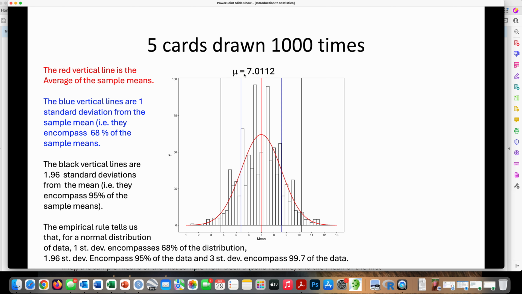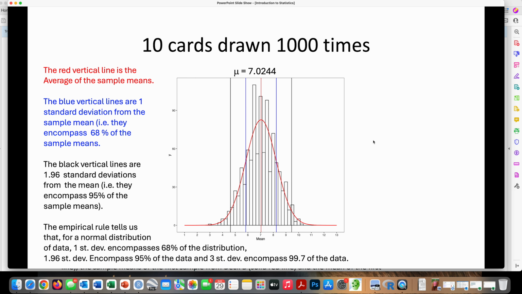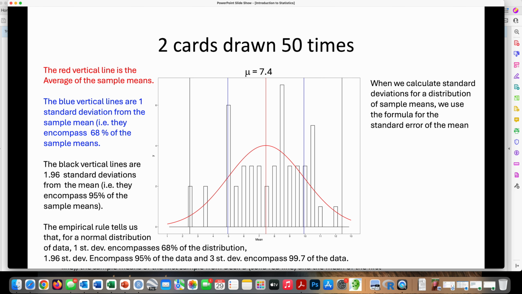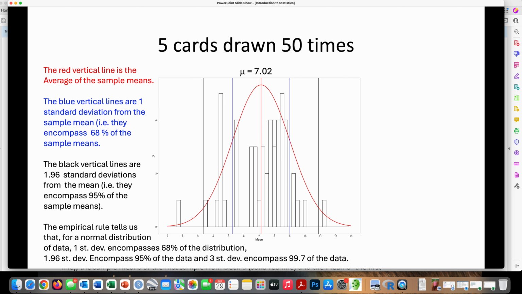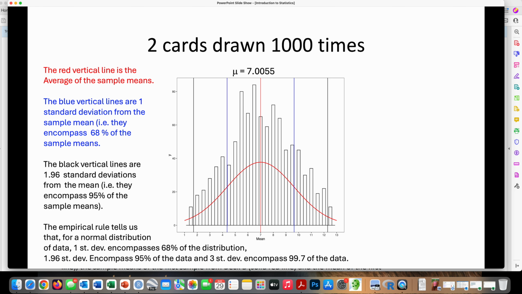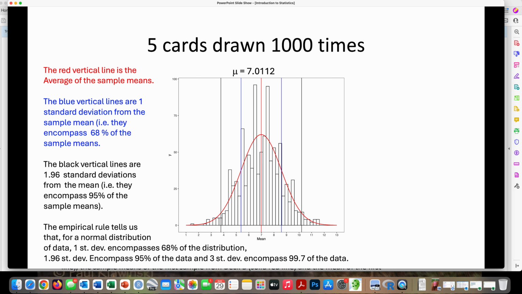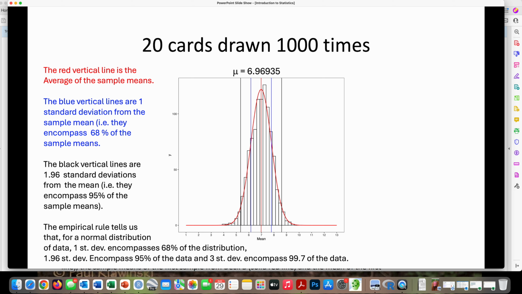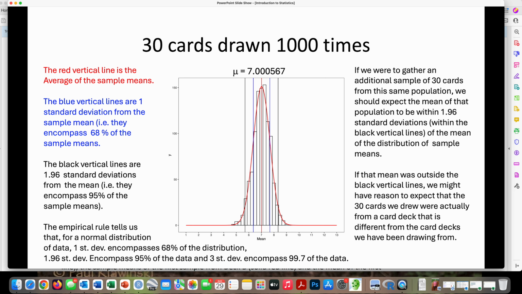And notice that the grand mean of this data set is getting closer and closer to the expected mean of 7. And so we're pretty close there, even closer there. When we draw 5 cards 1,000 times, it's beginning to look pretty normal. Draw 10 cards 1,000 times, it's looking pretty normal. 20 cards 1,000 times, it's getting very normal. 30 cards, it's normal as can be.